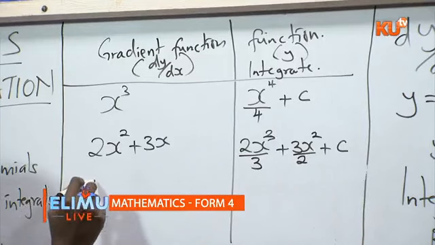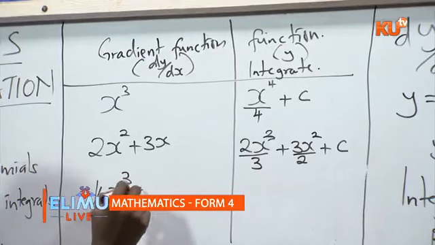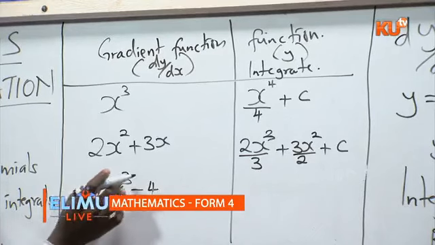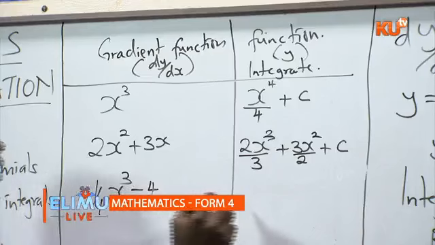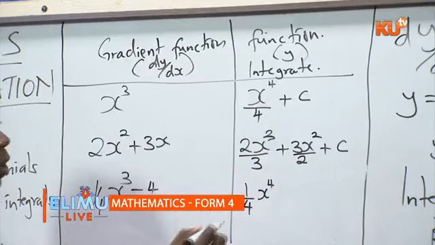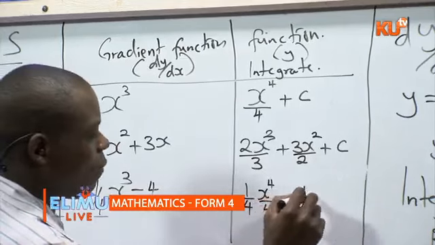If you have another one, we have a quarter x cubed minus 4 as our dy dx. Again, add 1 to the power, so we'll have 1 over 4 x power 4. We divide by the new power, which is 4, then we minus 4.